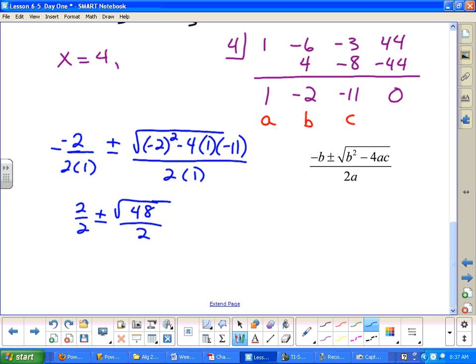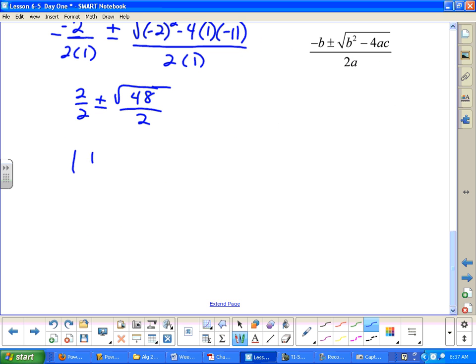Okay, so under the radical, you should have 48 in this case. All right, and so we have our list of squares over here on our board, and what's the largest one of them that goes into 48? Let's see. Does 16 go into 48? Okay, 3 times. All right.